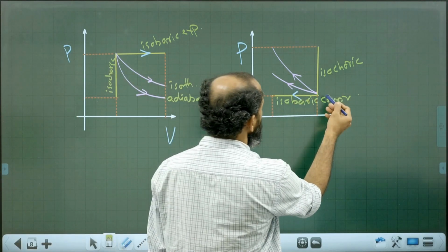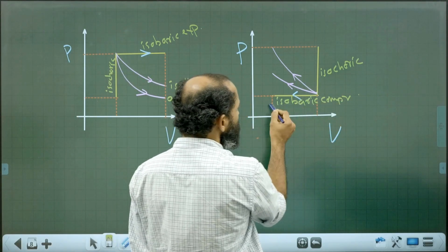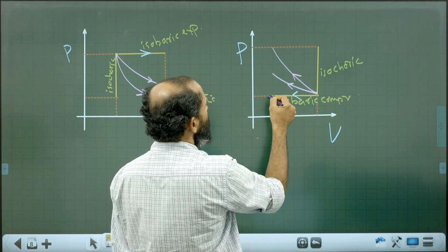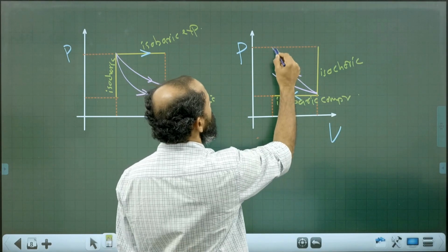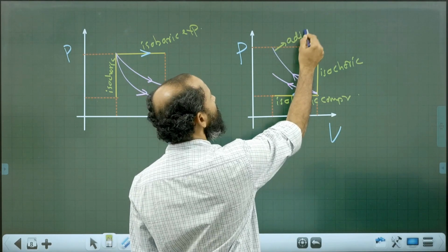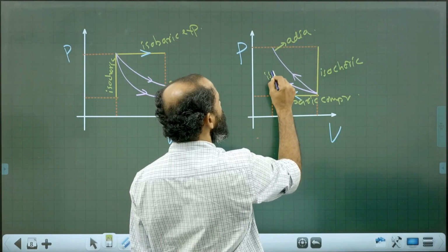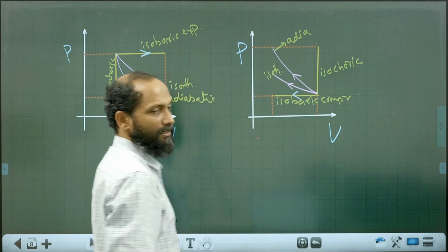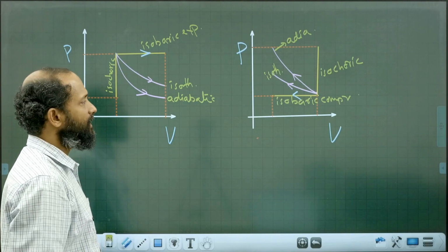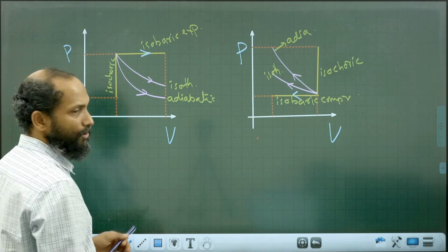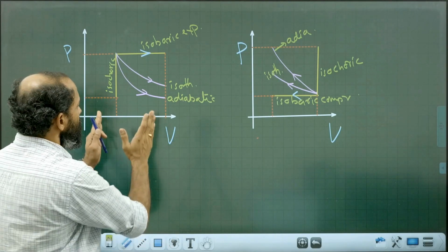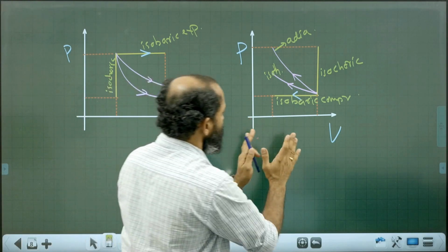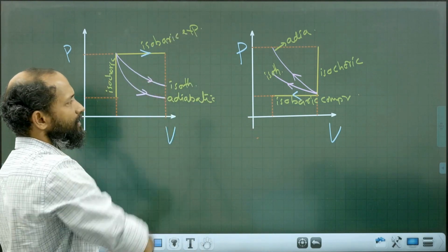Similarly, in the second case, here for same changes in volume, more changes for pressure is noticed for adiabatic. So the upper one is adiabatic and lower one is isothermal. That is to be noted. Maybe asked in exam.